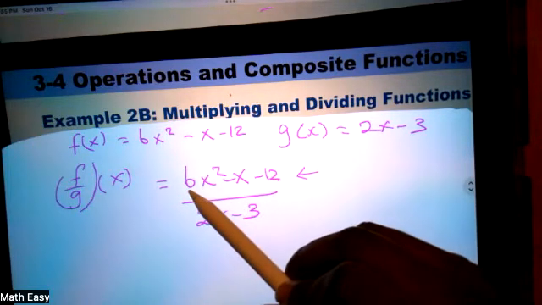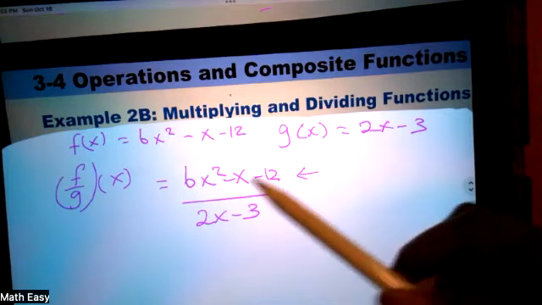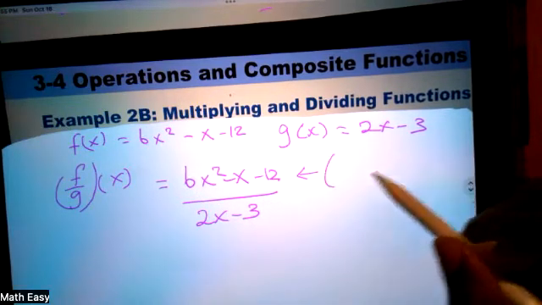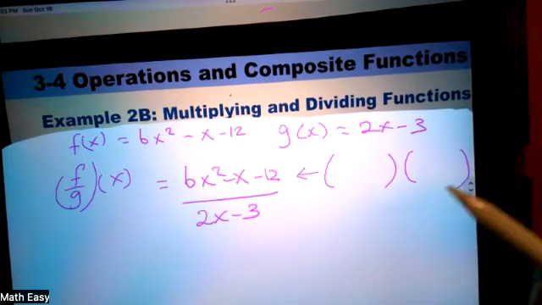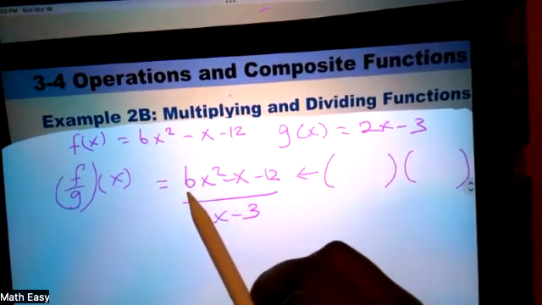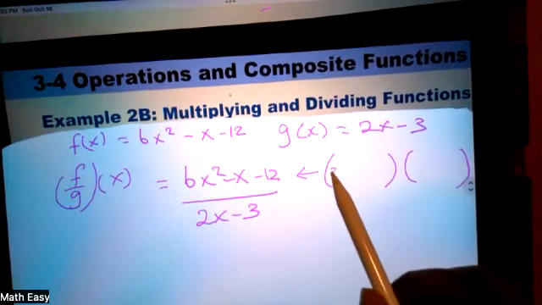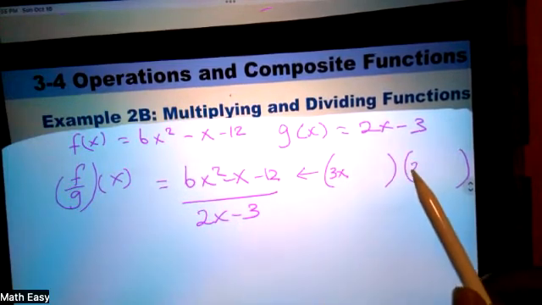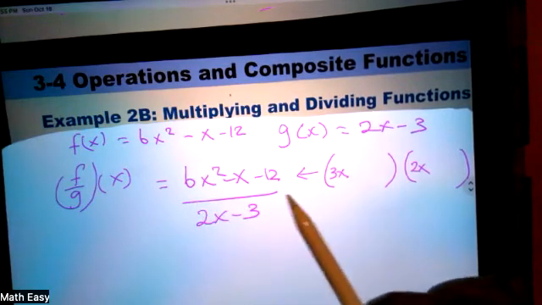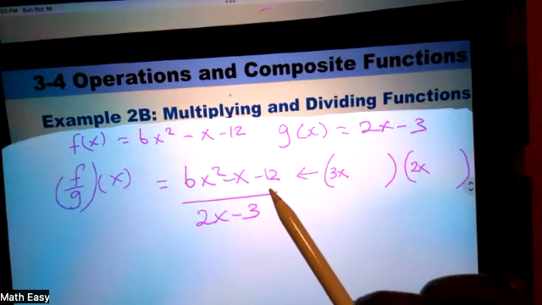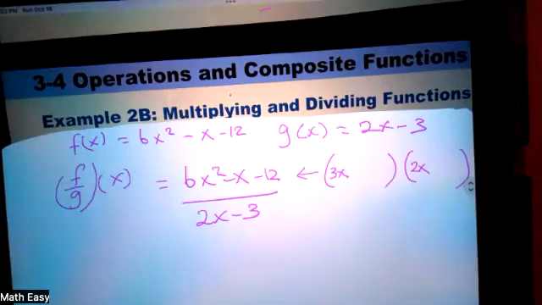And then your coefficients of x should be multiplied together to get 6. Let me put what I've said there in writing. So we can have 3x times 2x to give us 6x squared. All right. Now, 3 multiplied by 4 will give us 12.